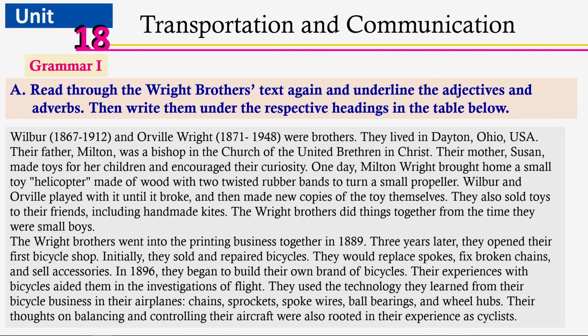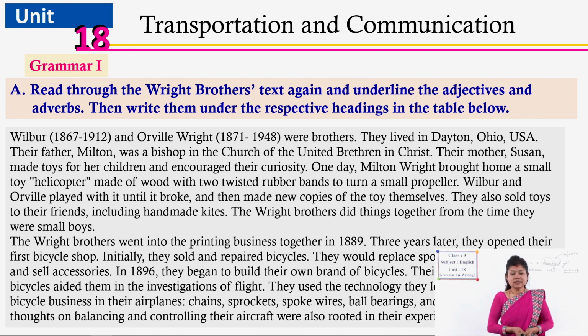Okay, your time starts now. Please start from the first paragraph and go to the second, third, fourth, fifth, sixth and seventh. Are you doing it, dear students? Very good.